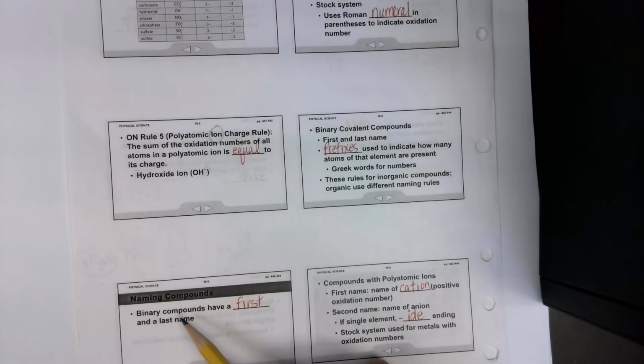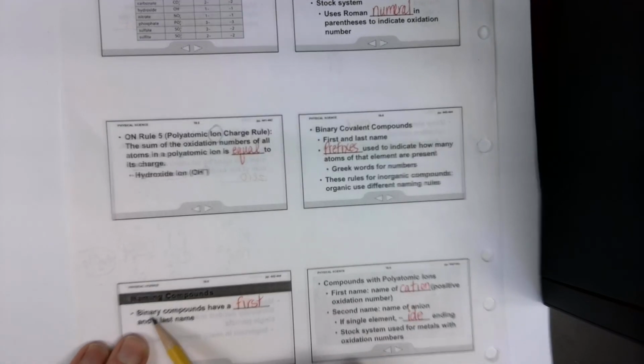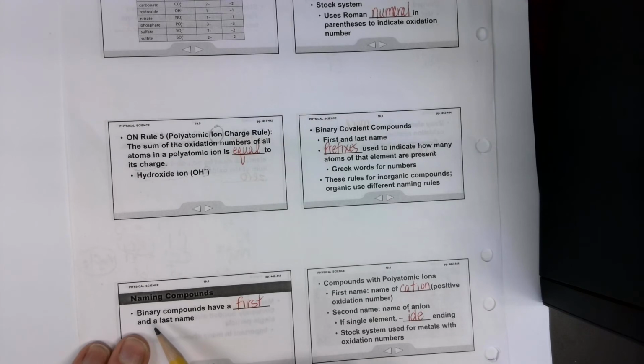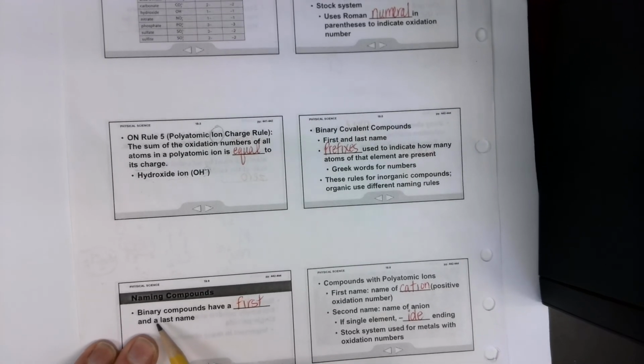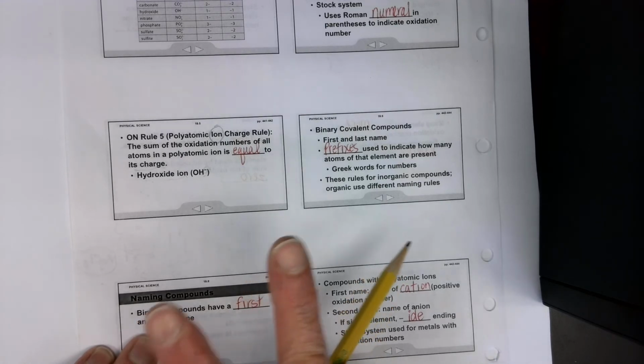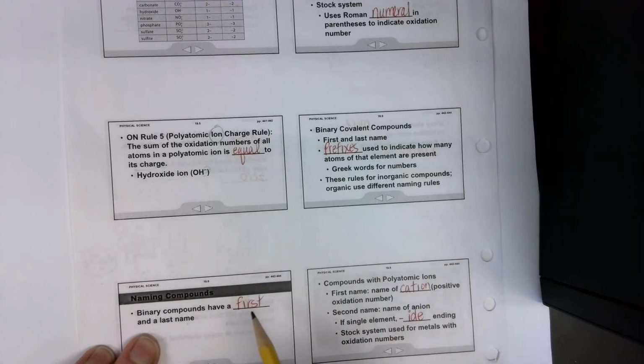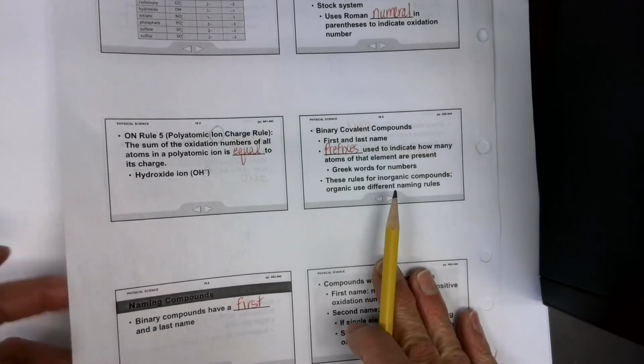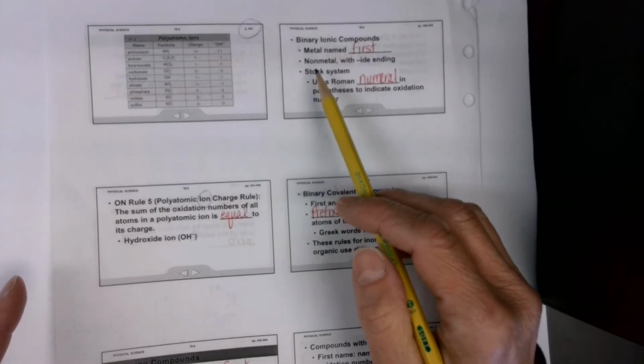Naming a compound. We're going to pick up with this a little bit more as we are learning about naming things, but I just want to give a couple of details here. Binary compounds have a first and last name, right? Bi means two, so we're going to have a first and last name essentially, right?